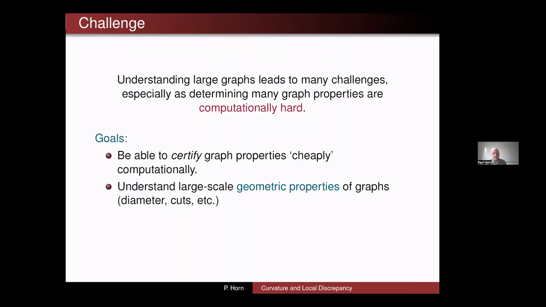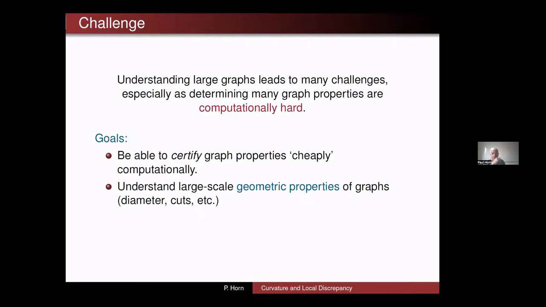And unfortunately, many of the things that you might want to know about large graphs, as I'm sure the audience here is extremely familiar with, are extremely computationally difficult to figure out, especially if you want exact answers, sometimes even for approximate answers, and especially considering the overwhelming size of many of the large networks that you're interested in understanding.